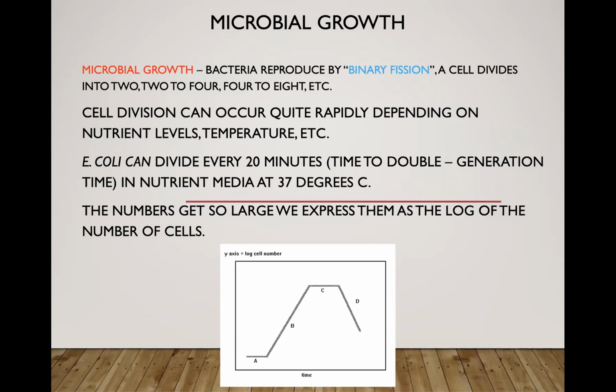The bacterial growth curve is a very important tool in microbiology as we try to measure bacterial growth. We use the growth curve for that, and we're going to spend a little more time next week looking at the growth curve and the information that it gives us.